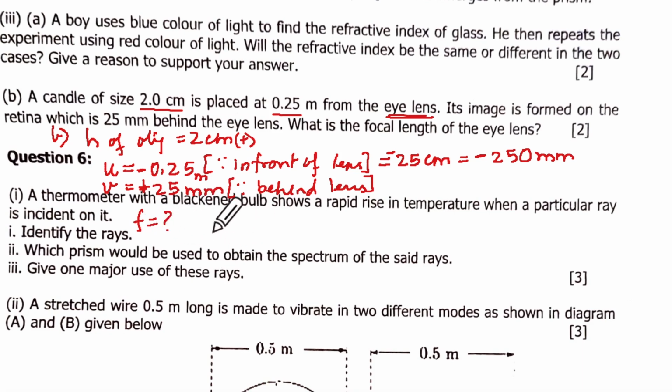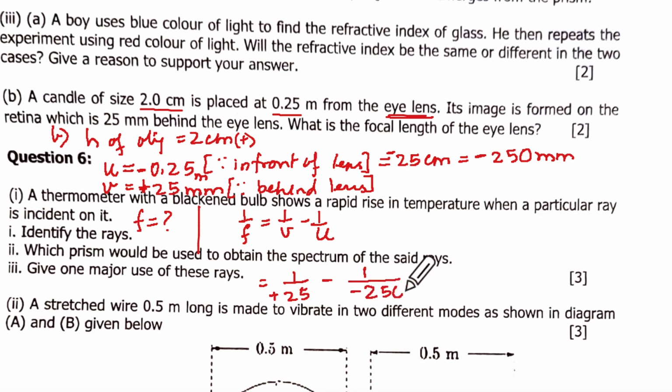How many of you have forgotten the formula? 1 upon f is equal to 1 upon v minus 1 upon u. I saw so many of you getting confused. 1 upon v will be 1 upon plus 25, minus 1 upon minus 250.